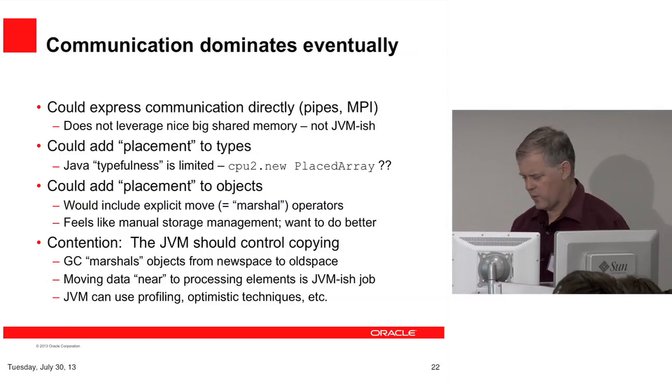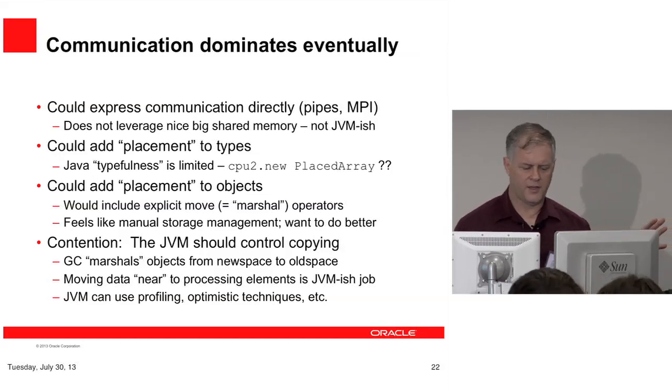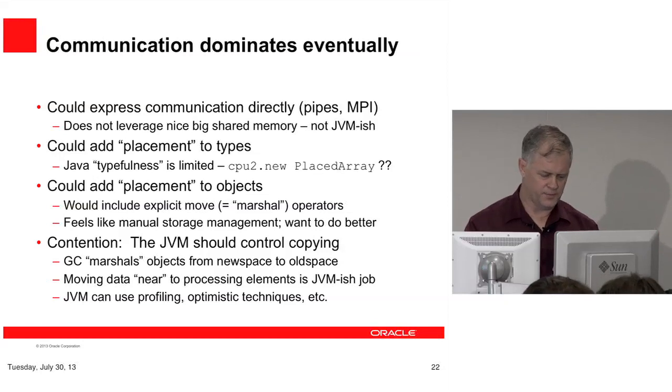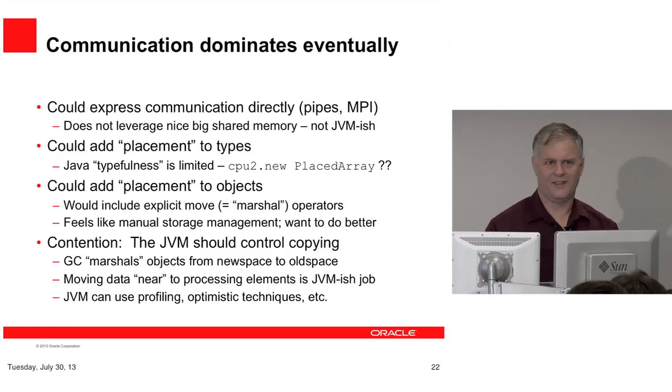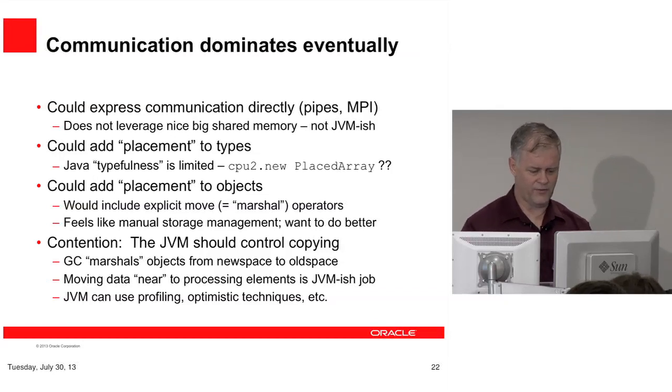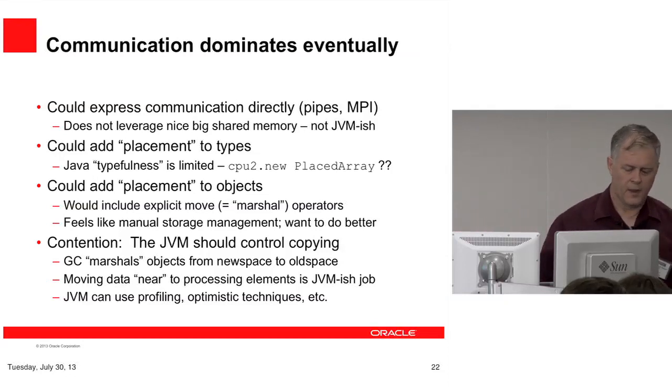And one problem with this is if you're really seriously doing it with types, then I think you need weird dependent types and all sorts of typefulness that's not in Java and won't be in Java anytime soon. The closest I could get to this in Java would be like an inner class where you say outer or buffer thing, which is a locality dot new. It's not very flexible. You could add placement to objects, and that's probably more reasonable.